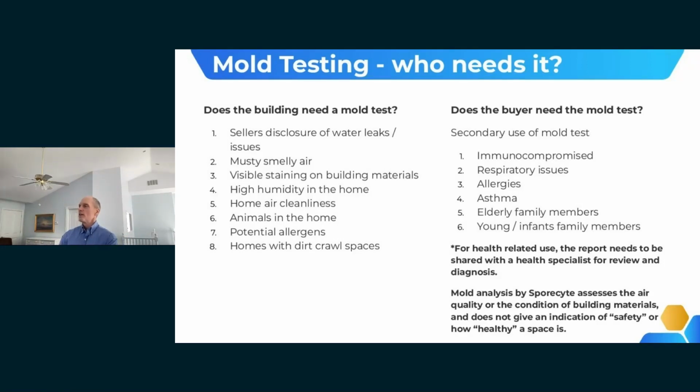So I'll take a stab at this, and Dylan, our lab director and product manager, can send me more info. But I would say, if you're seeing staining, the best thing to do would be to do a surface sample to know specifically what it is. Ideally, you can identify where that water problem, the moisture problem, is coming from.